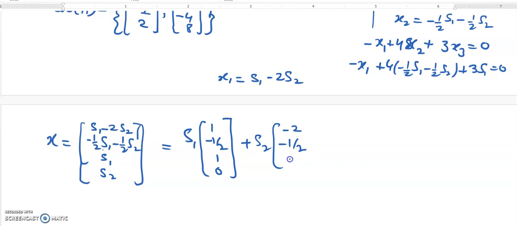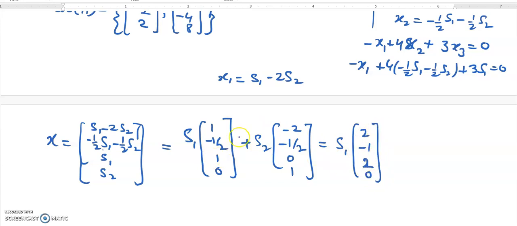If we want to remove these fractions, we can multiply by 2. So it will be 2, minus 1, 2, 0, sorry, 1 times 2 is 2, 0.